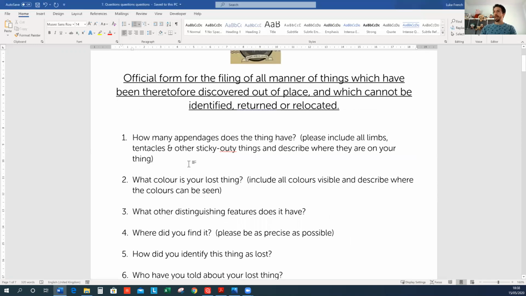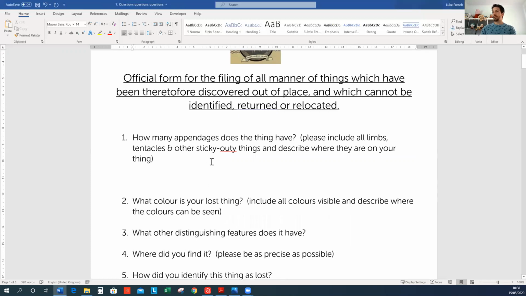So for question 1, how many appendages does the thing have? I might start by talking about the wings, because it's got these funny little bells on its wings. So I might say it has 2 wings, and I'm going to use my relative pronoun which span the full height of its body.